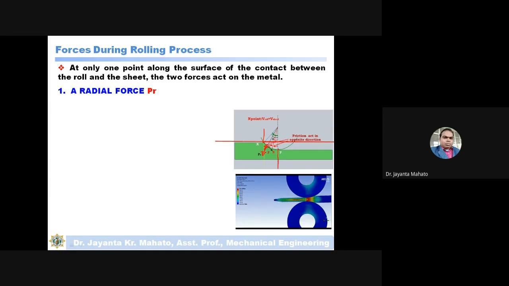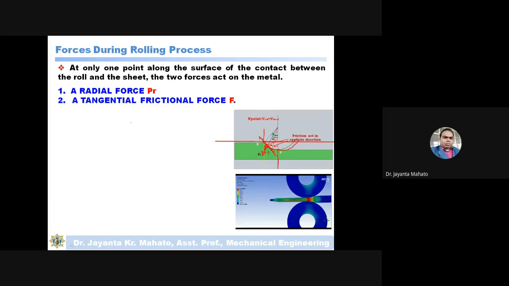At this point, this is the radial pressure PR, and another force is the tangential frictional force. So this is the tangential frictional force, and it is just tangent to the curve at that point. So the tangent of this curvature at that point will be this.